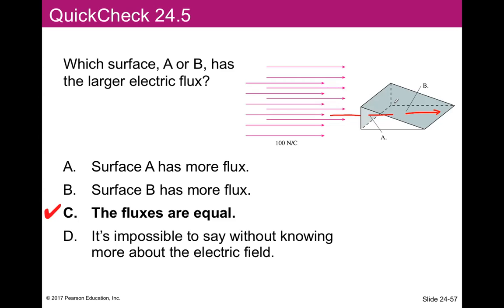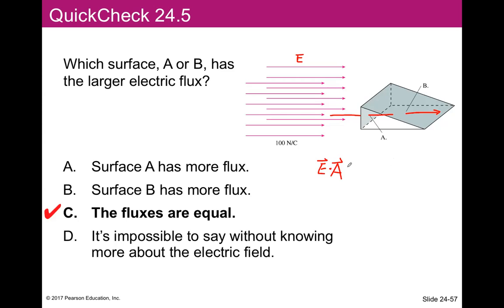Quantitatively, how to solve this problem? Let's define the surface A to be A. Then this is E. So what's the magnitude of flux on surface A? It's EA. You can also make it in vector format, E dot product A. And the direction of A and direction of E are the same.